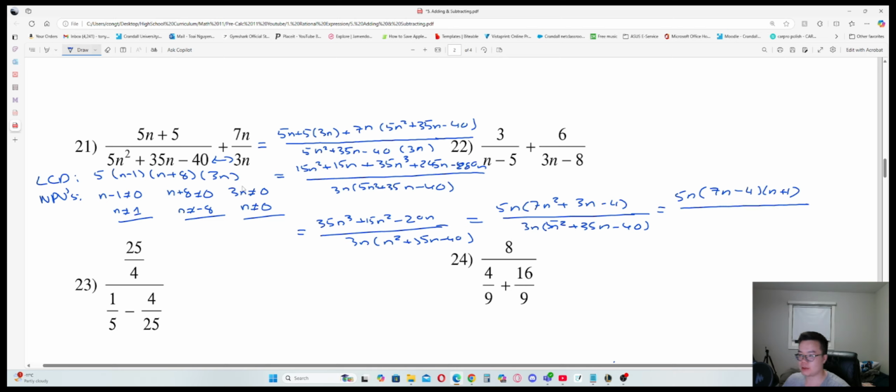And since this can be factored, let's see if anything matches that we can cancel. Up here we have 7n minus 4. There's nothing common in the denominator to cross it out. And n plus 1, we have n minus 1. Oh, it's so close, but we do not have anything to cross out. However, we still have one more thing to cross out.